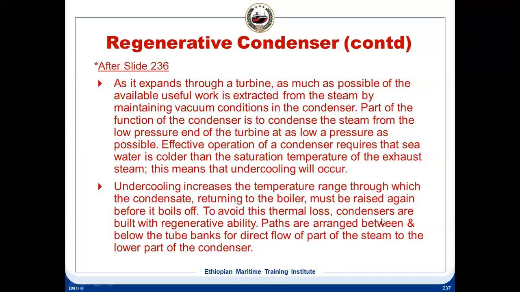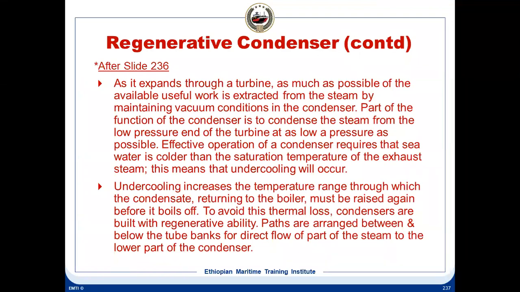To avoid this thermal loss, condensers are built with regenerative capacity, so that the steam which is condensed is not undercooled greatly. It is condensed, but only to just below the saturation temperature or the boiling point of the condensate at that particular pressure.